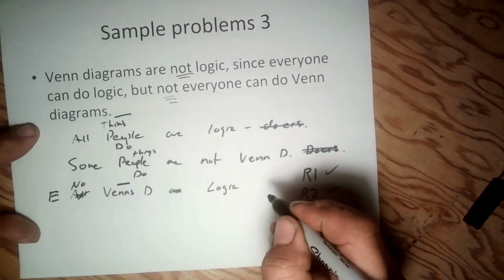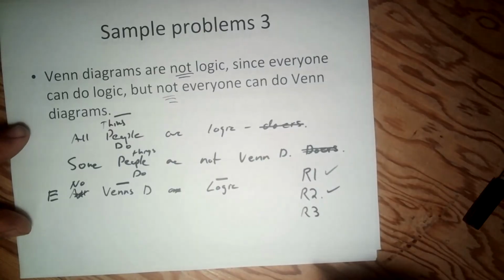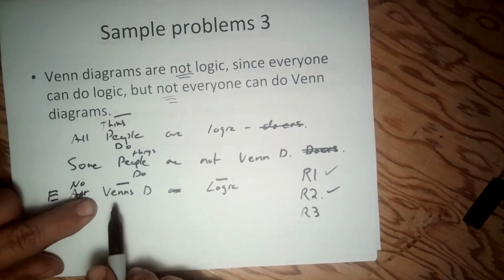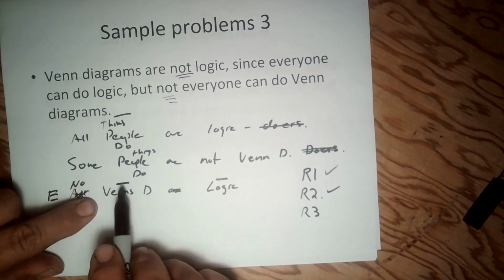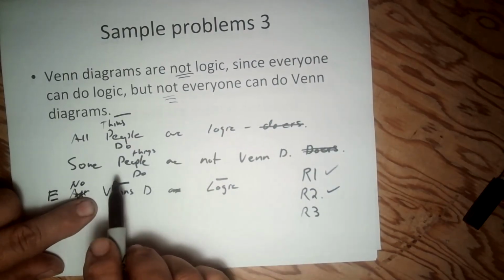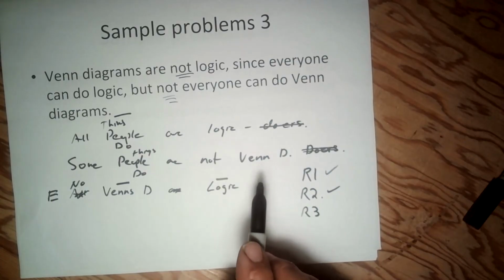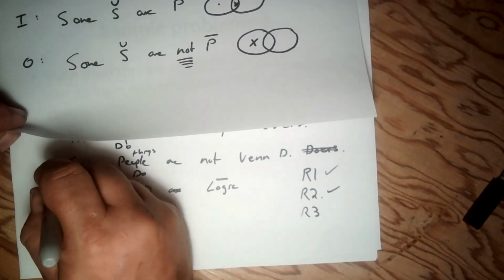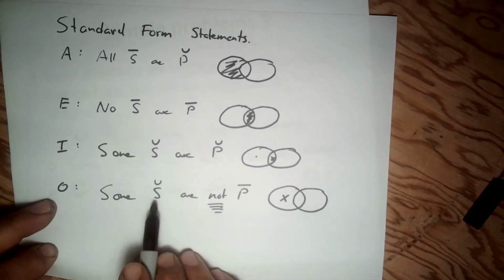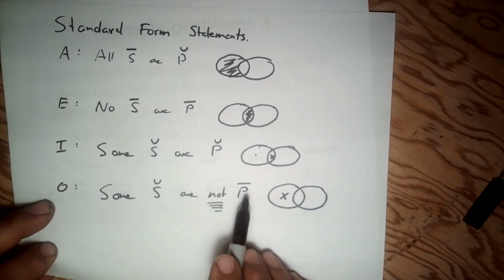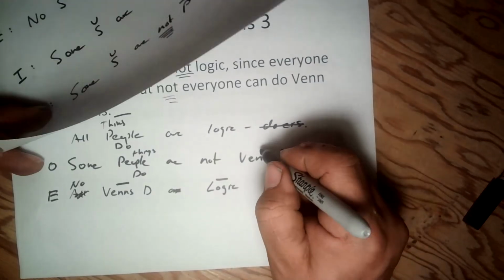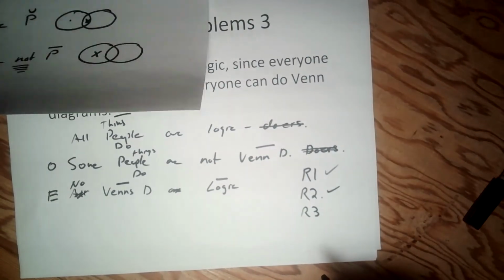So the Venn diagrams are distributed, logic is distributed. So now we look back and say, what's distributed in the premise? Some things people do are not Venn diagrams. That's an O form. Some subjects are not predicates, and the predicate is distributed. So Venn diagrams is distributed there.